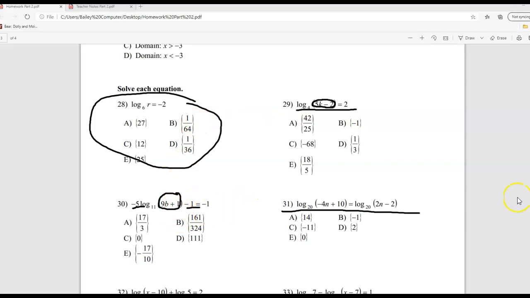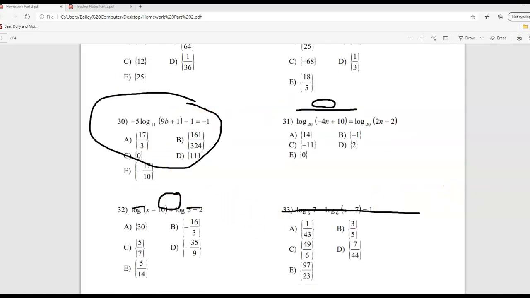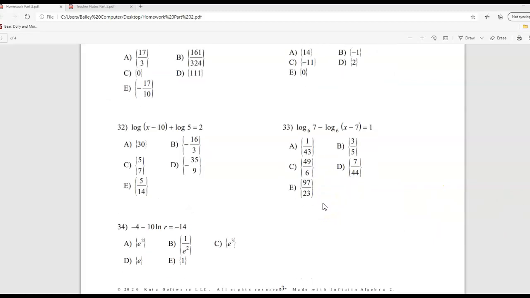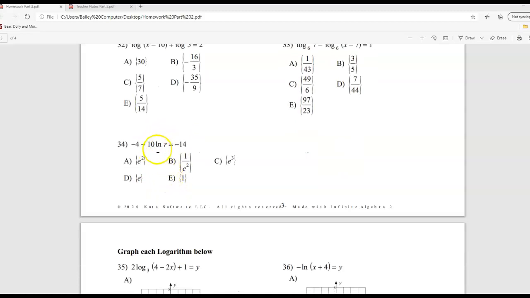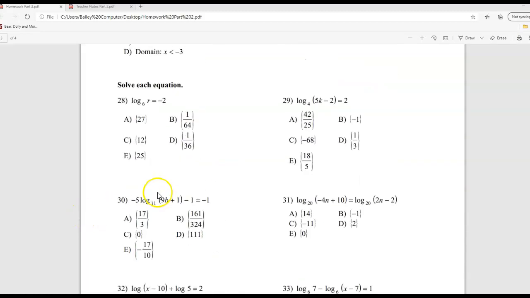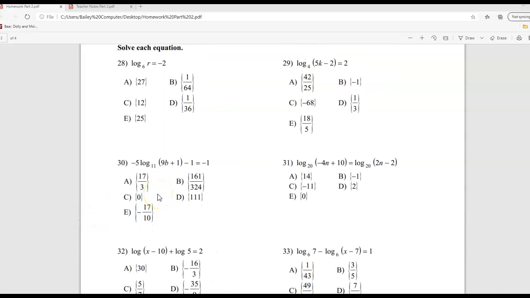So you guys have a lot of different things to look at here, and you're going to find that also 32 and 33, not so much 34, these ones have more than one log, but they're on the same side. How do you deal with that? That's another situation you need to be aware of. So lots of different equations. And number 34 is how do you deal with ln. So I'm just going to go through solving a whole bunch of different types of equations.